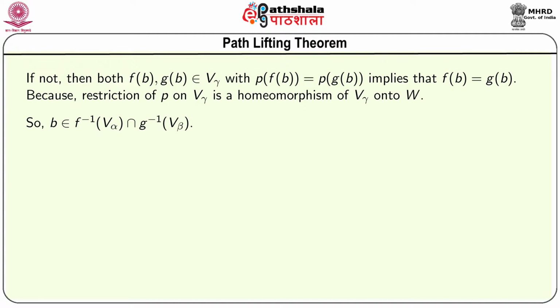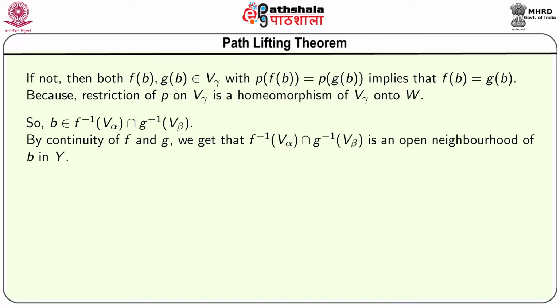So, the point b is in the intersection f inverse V alpha intersection g inverse V beta. By continuity of f and g, we get that f inverse V alpha intersection g inverse V beta is an open neighborhood of b in Y. As b is in the set S bar minus S, f inverse V alpha intersection g inverse V beta intersection with S is non-empty.